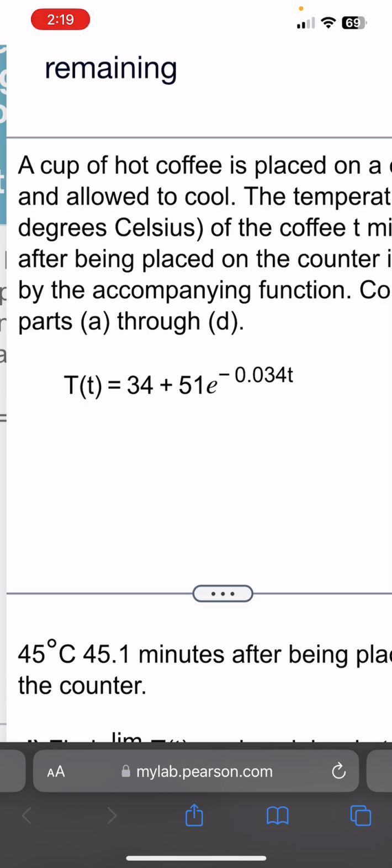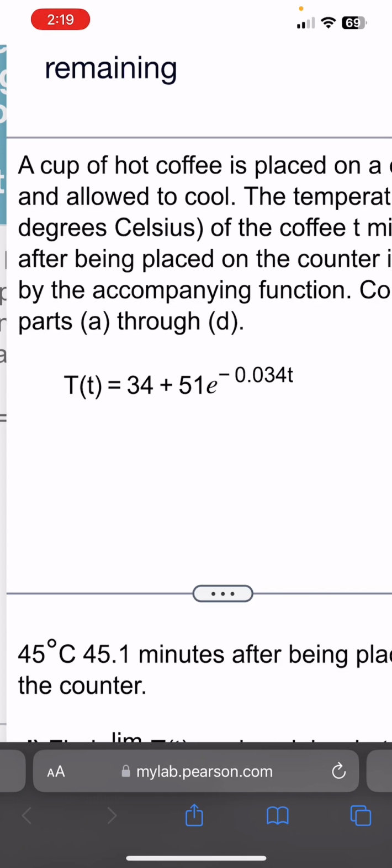So if we write that as 51 divided by e to the power of 0.034 times t, and let t go to infinity, then essentially we have 51 divided by e to the power of infinity, because it's going to become a really large number. E to the power of infinity is essentially infinity.